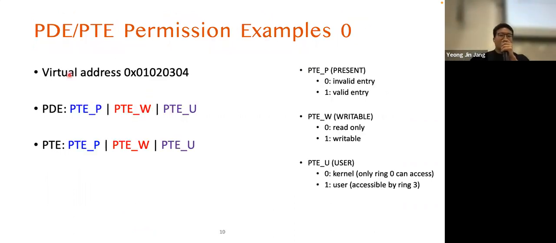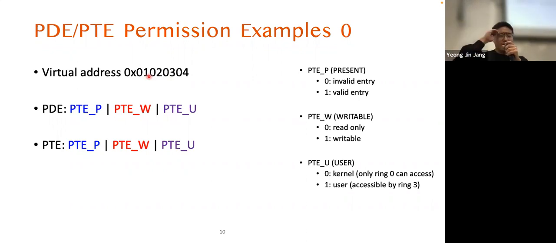Suppose we have this virtual address. To translate it, we need to cut it off here, and the lower part is 0x01020, which is 5 digits. The lower 10 bits are just 0x20, and the upper 10 bits could be 0x4.